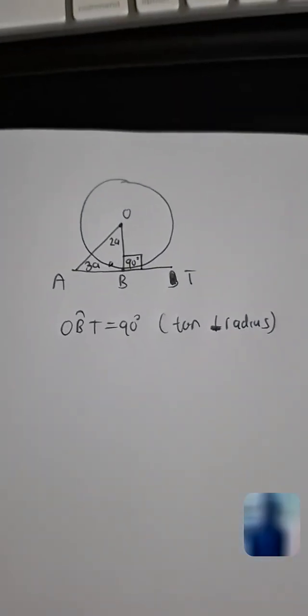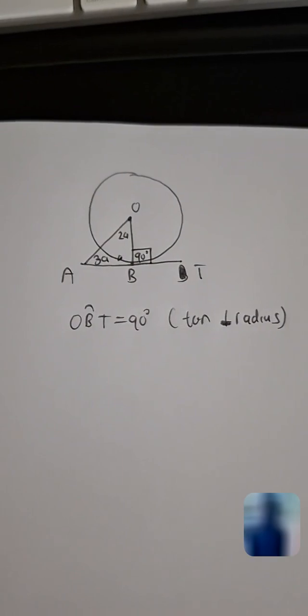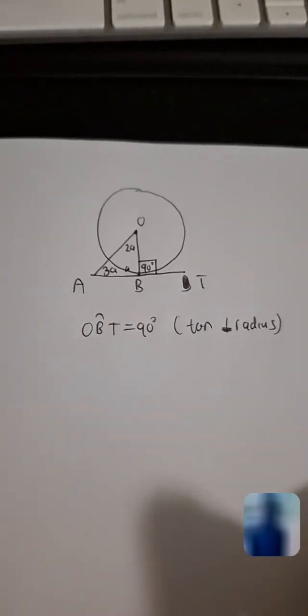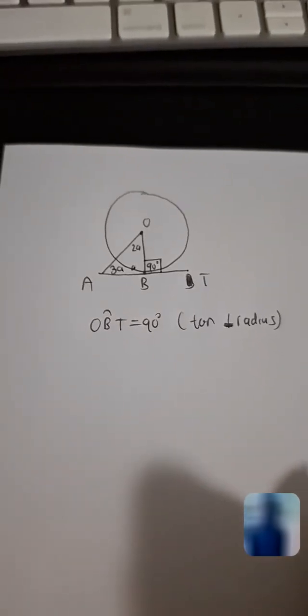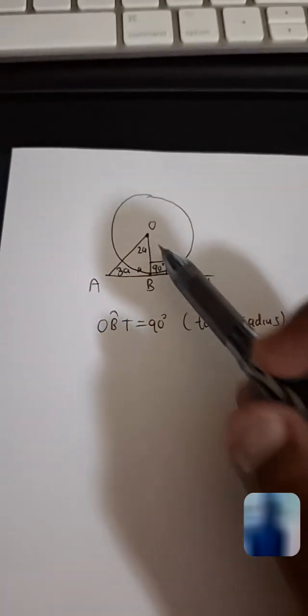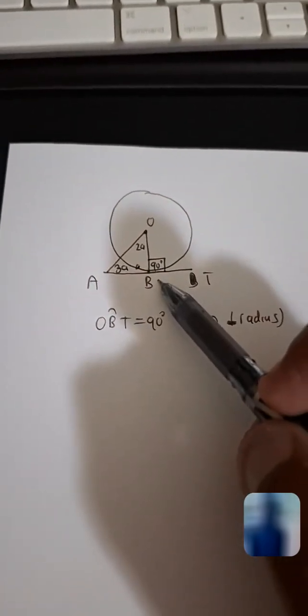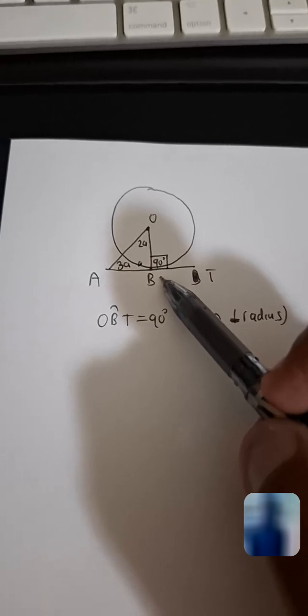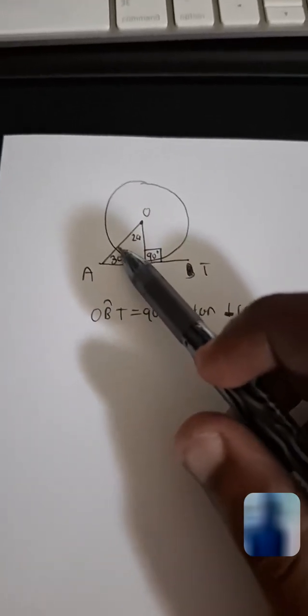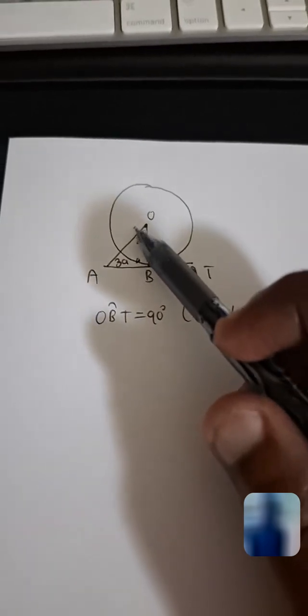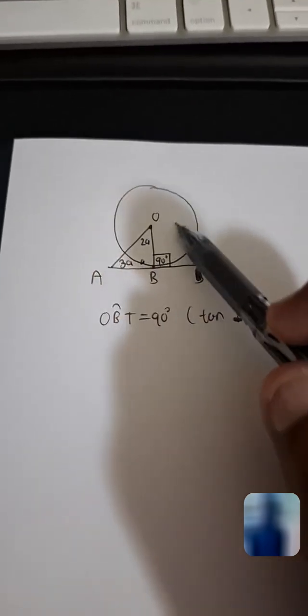Then? Okay, masiyabuya sithi angle OBT is equal to angle A plus angle O. Angle A plus angle O. Which O? Are you talking about O, the reflex?